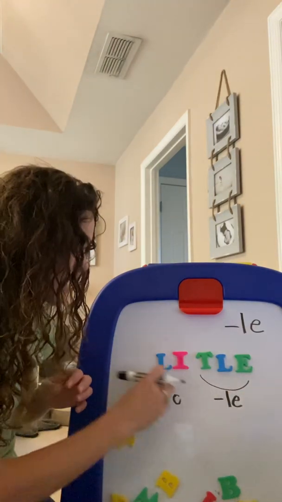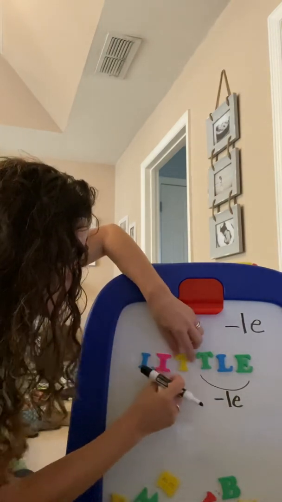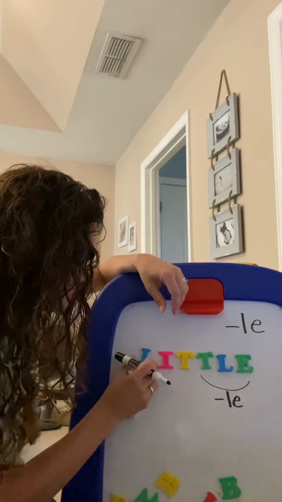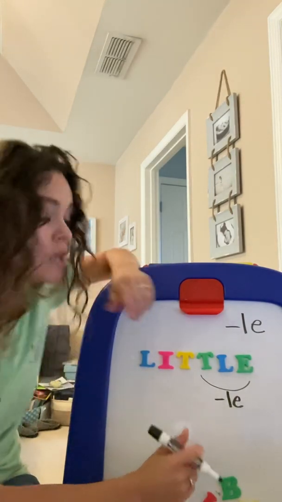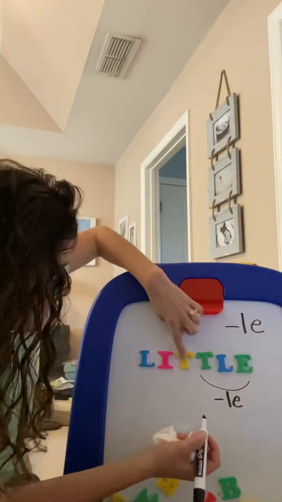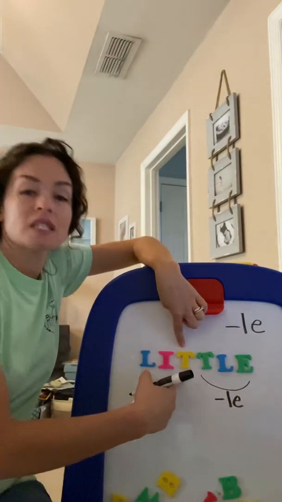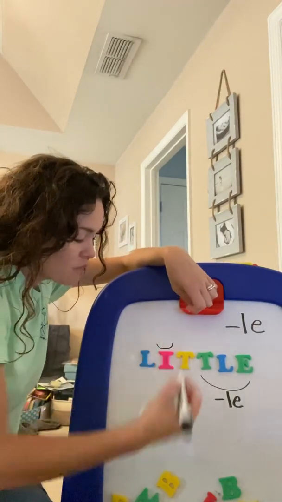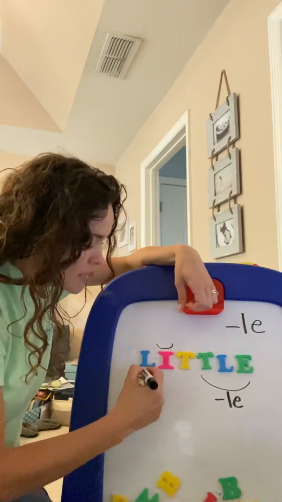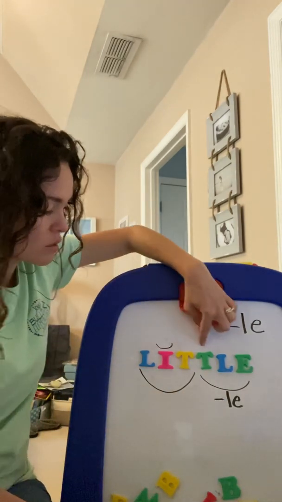So I actually need to add another T to make this word correct. I have to follow all of the rules of all of my syllable types. So now, lit. Now I have this T closing the door on the vowel, which makes this vowel sound short. Now I have little.